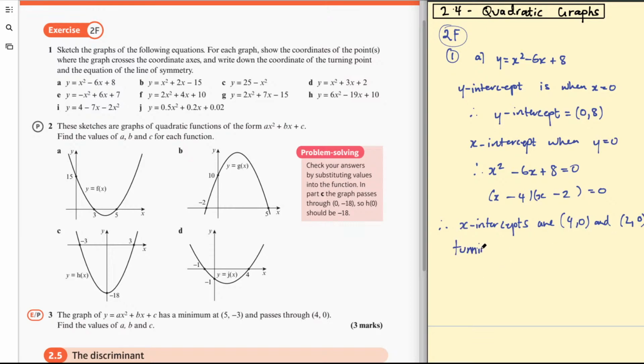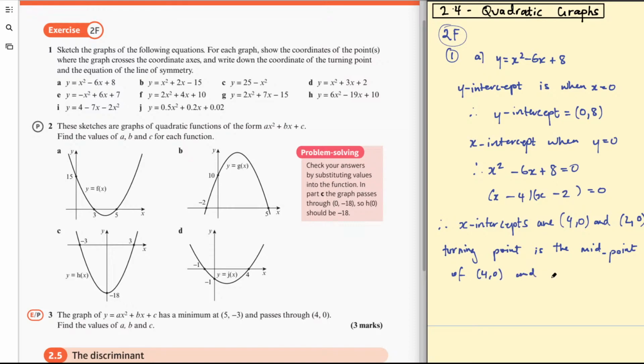But just keep in mind you can also use completing the square for this. So the turning point is the midpoint of (4, 0) and (2, 0).